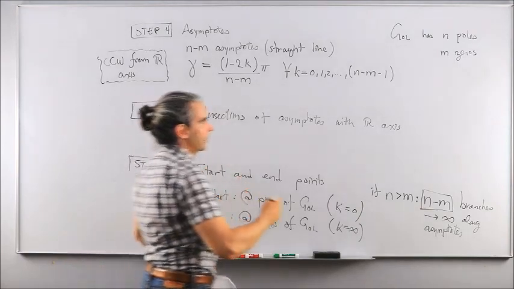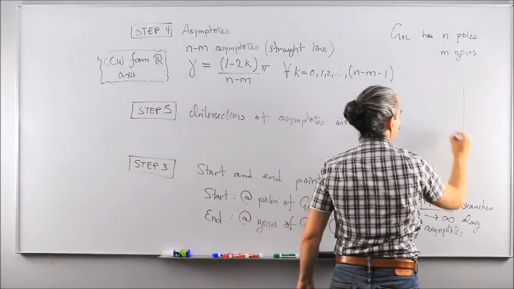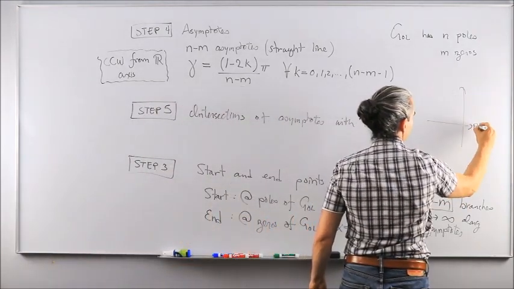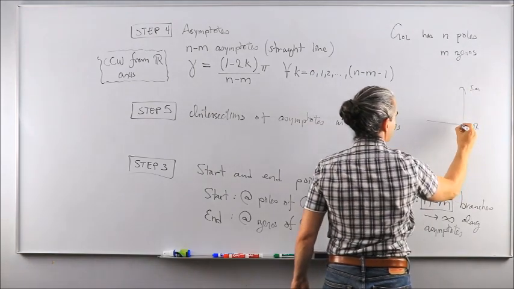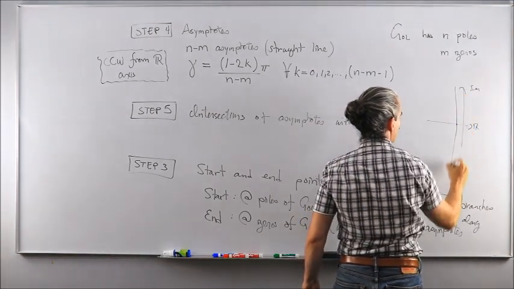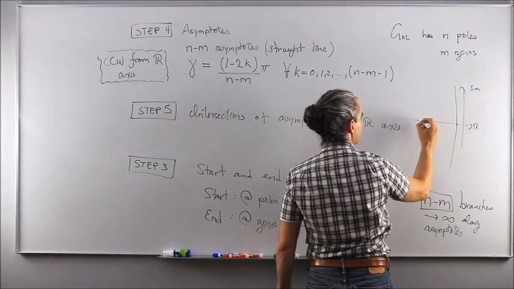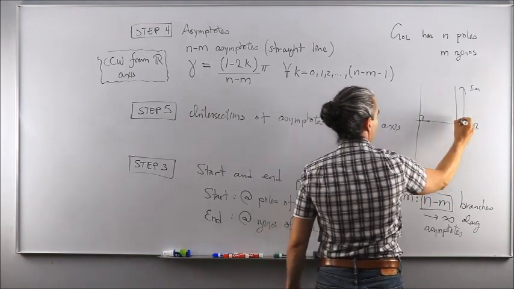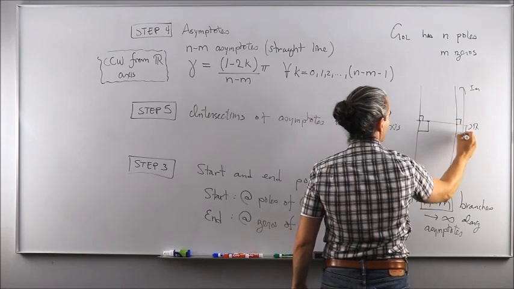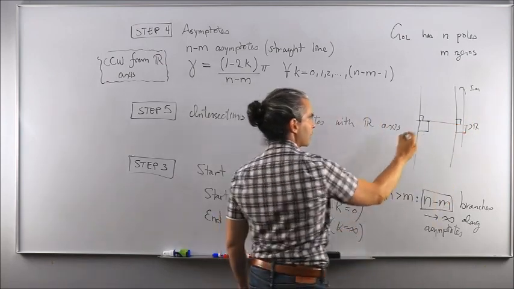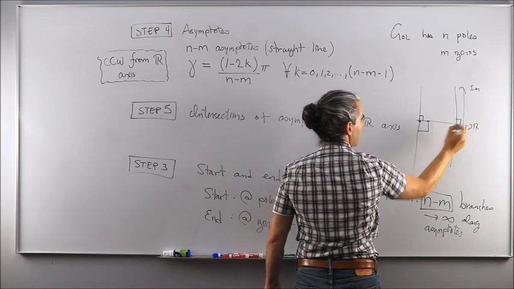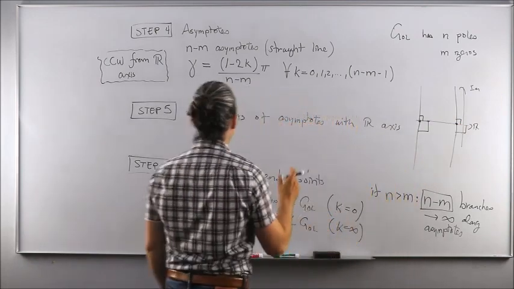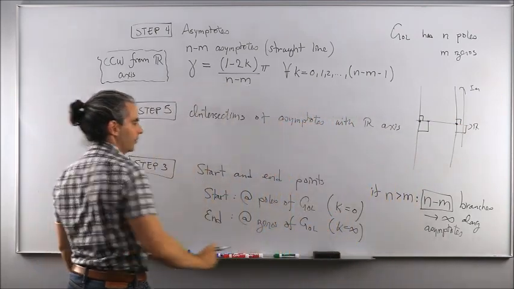But where do they intersect the real axis? We don't know yet. Maybe they intersect very close to the imaginary axis, or maybe they intersect the real axis further out to the left. Still at pi over 2 and minus pi over 2. But we don't know the exact location of that point along the real axis. And this is what we're going to calculate in step number 5.